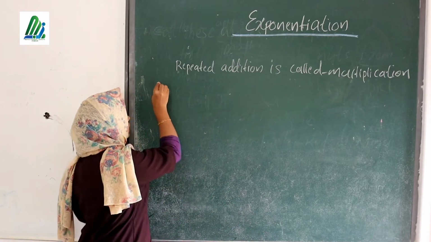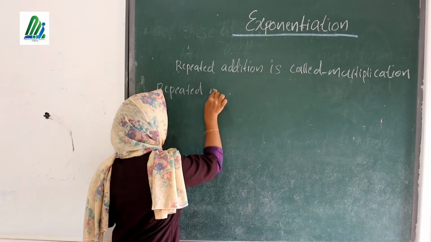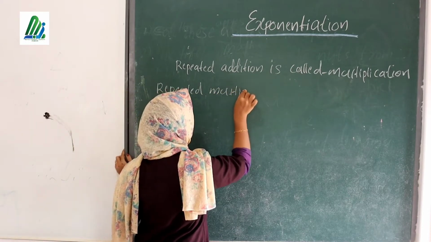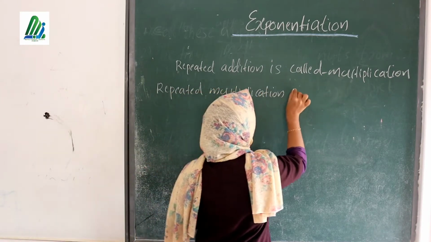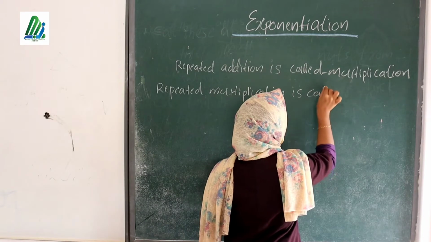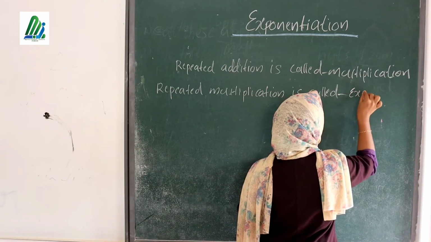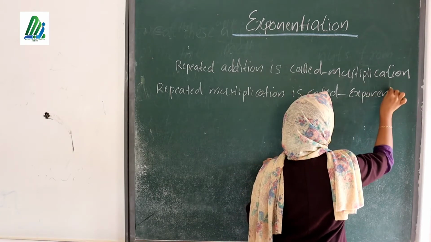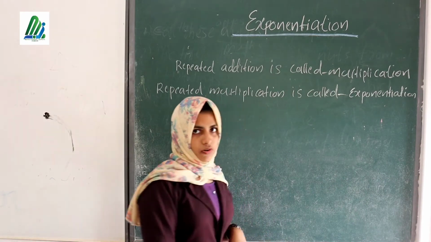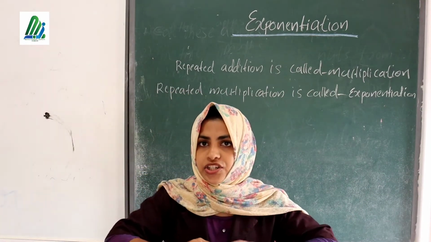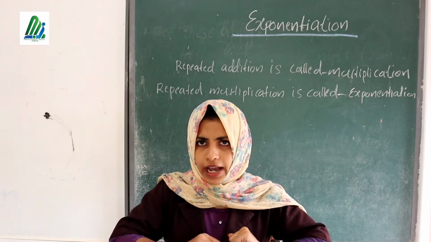The name for repeated multiplication is called exponential. So the name for repeated addition is called multiplication, and the name for repeated multiplication is called exponential.